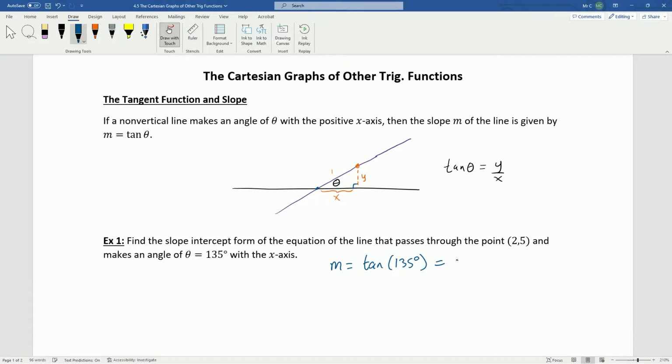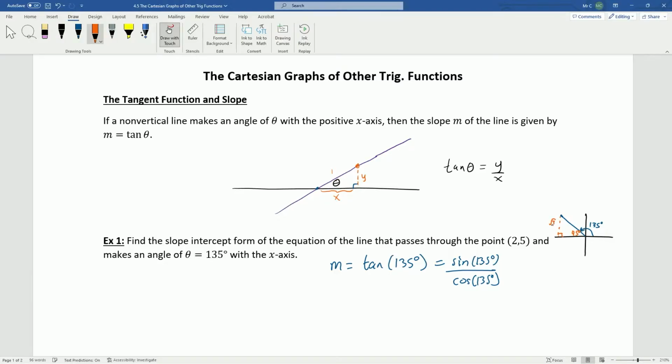Well, tangent of 135 degrees is sine of 135 degrees divided by cosine of 135 degrees. And maybe I don't remember those off the top of my head, and so I sketch it and I go, okay, that's 135 degrees. That means that my reference angle here is 45 degrees.